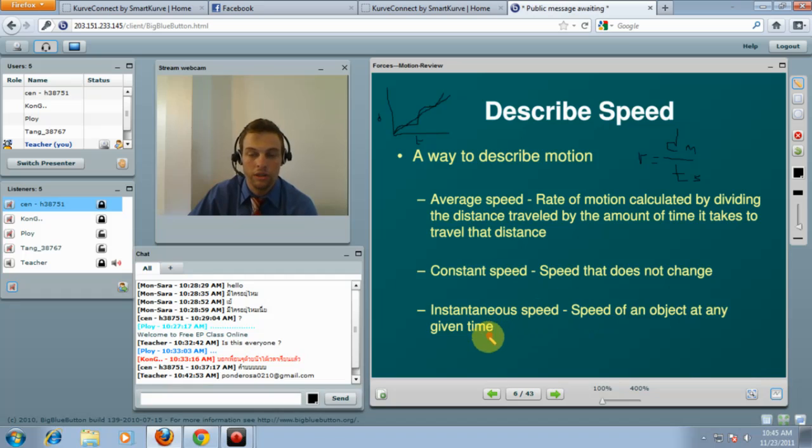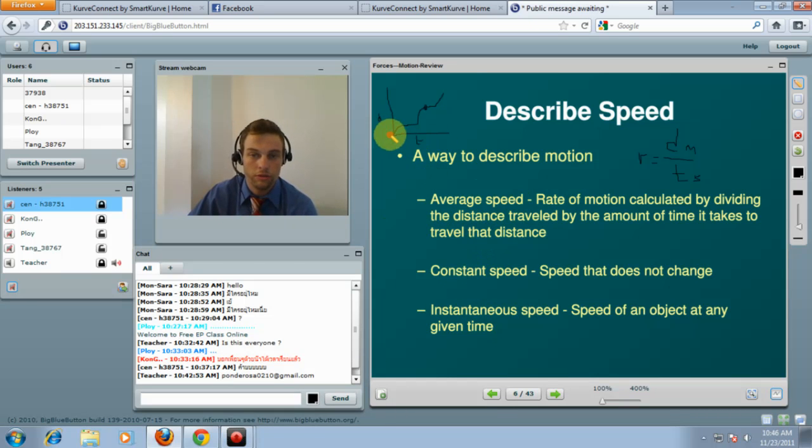Instantaneous speed. If you have this normal graph and you pick a point here, you can calculate the distance over time. At one specific point on the graph, you have your instantaneous speed. So these are three different types of speed.